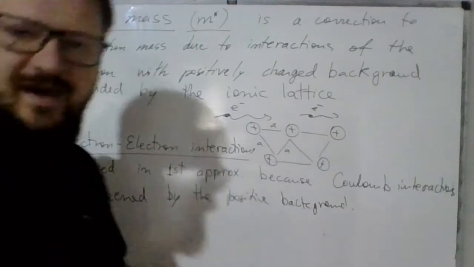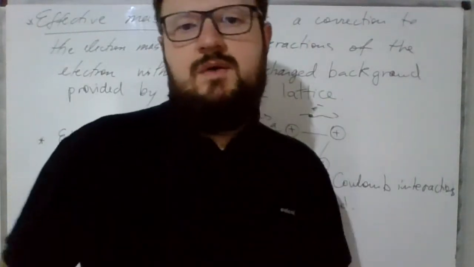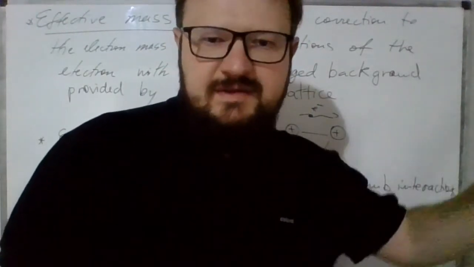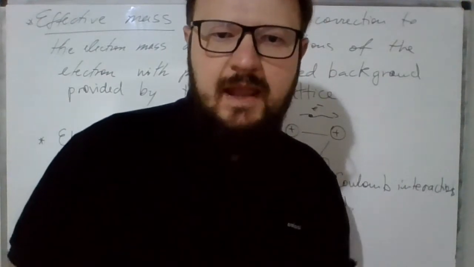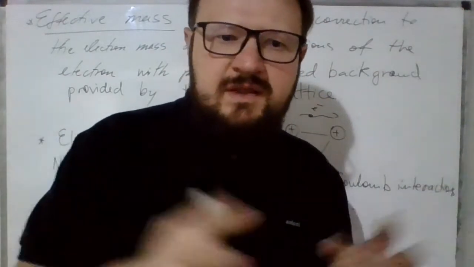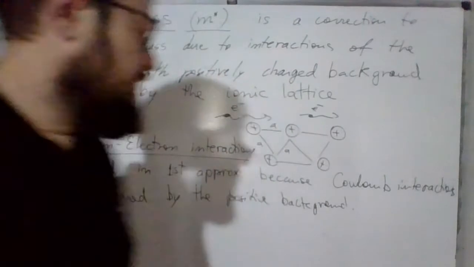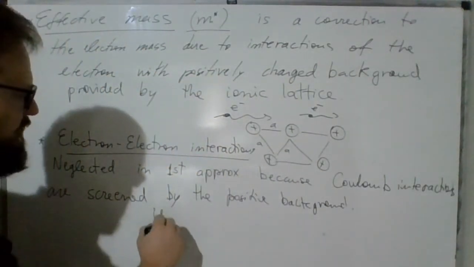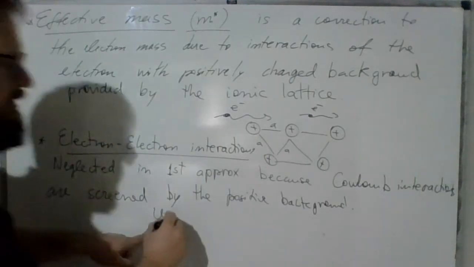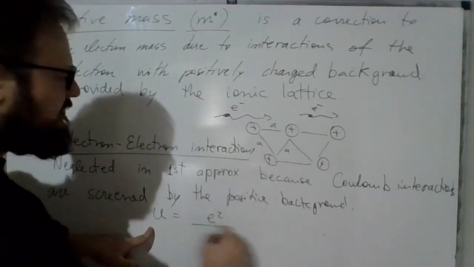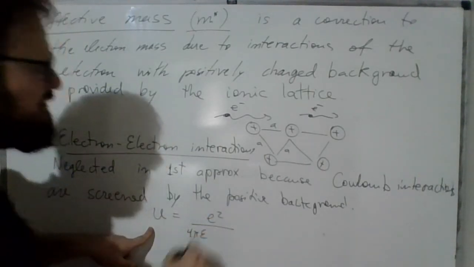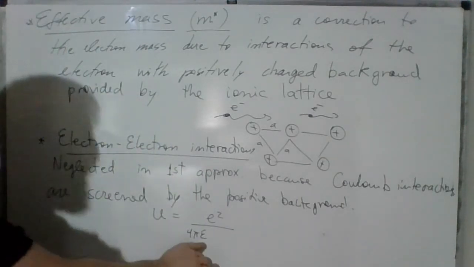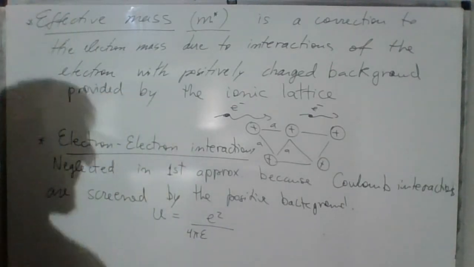So there are two effects of the background. One is to correct the electronic mass, and the second is to screen the Coulomb potential. So the Coulomb energy would be of the form U equals e squared divided by 4 pi epsilon, the electric permittivity of this medium.